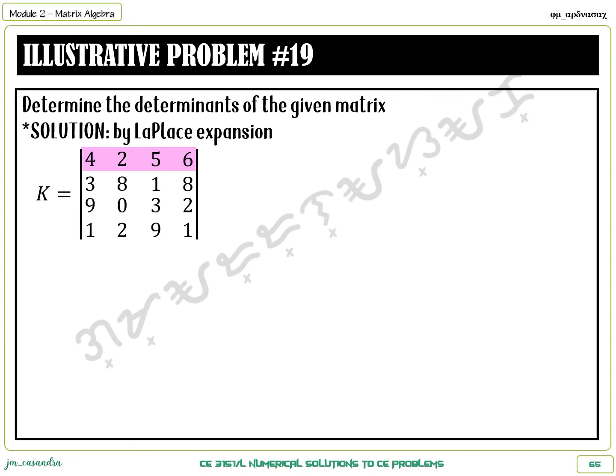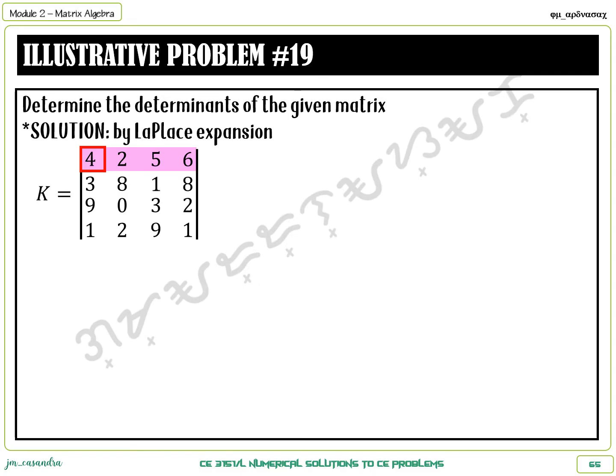Okay, so the usual solution for Laplace is choosing the element E11 and considering either the column or the row. So in this, we'll be considering the first row or element E11.